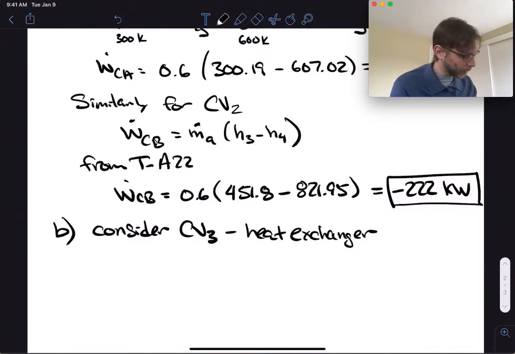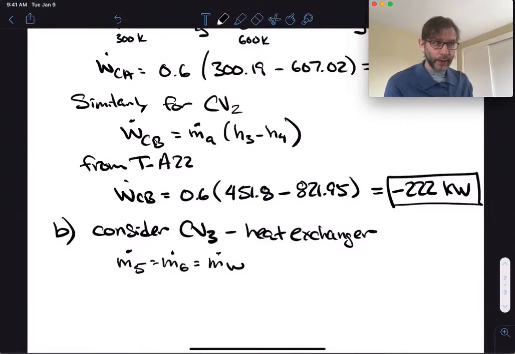Now we have to say m dot 5 equals m dot 6 equals m dot water, because that's pretty straightforward. And then we can say m dot 3 and 4 are the air, so that's no problem. Or 2 and 3 are the air.